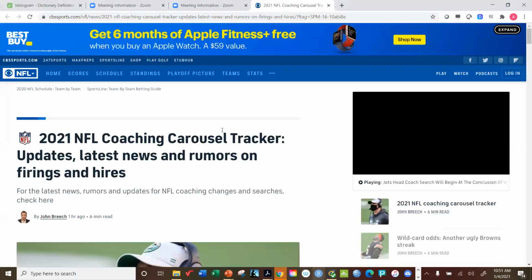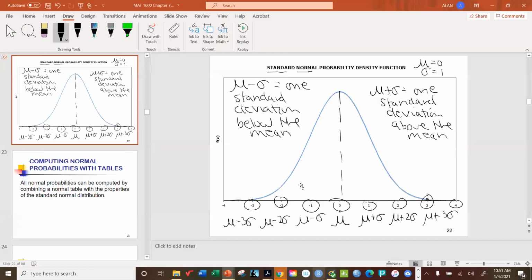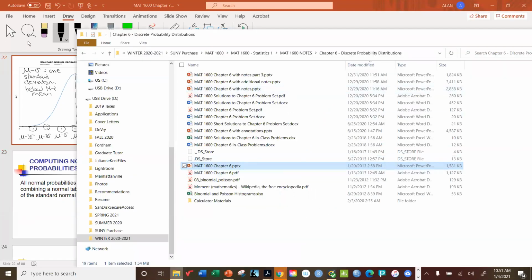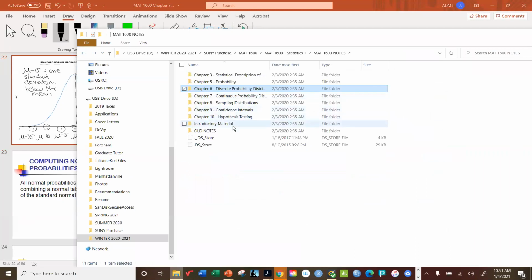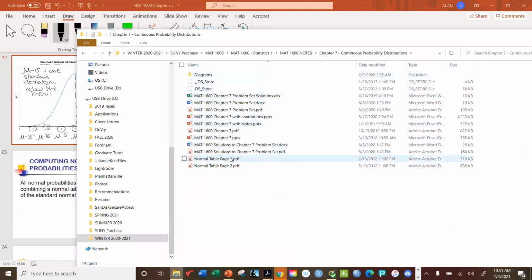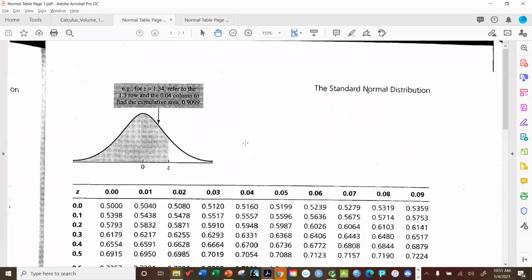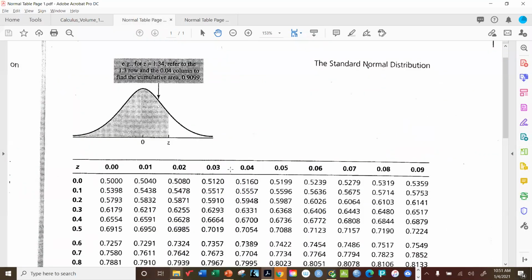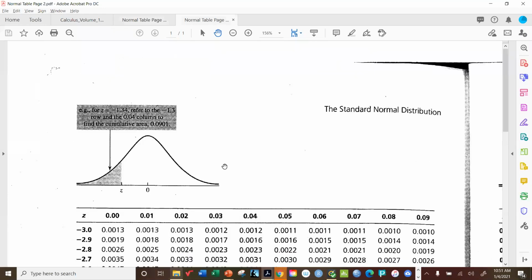So let me open up the charts so you can see what I'm talking about here. The ones that I just posted on Moodle, there are two of them. One of them covers the positive probability, or the positives part of the curve, and the negative.